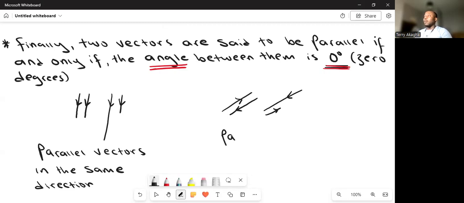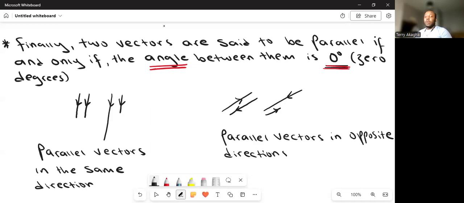This is what we call parallel vectors in opposite direction. This is what we call anti-parallel vectors.